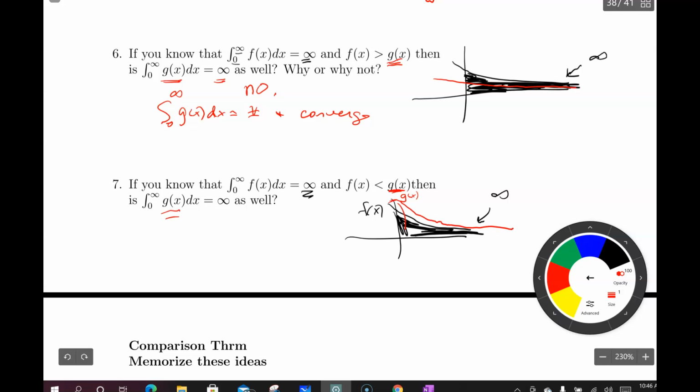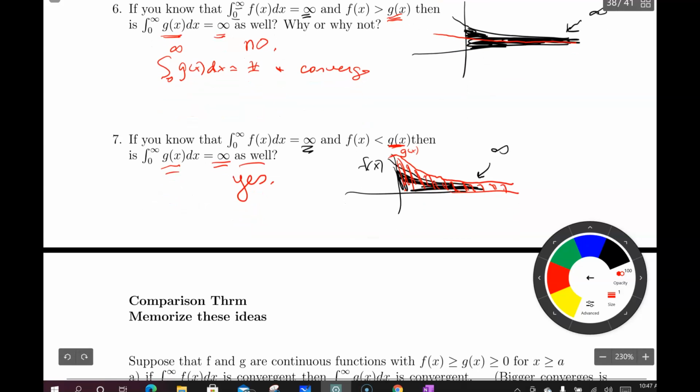What do I know about the area under g of x? If I have f of x equaling infinity, don't I know that g of x will be more than infinity? So do I know it will add up to infinity as well? Yes, I do know. Okay, so those are the ideas behind what we're going to be using for the comparison theorem.